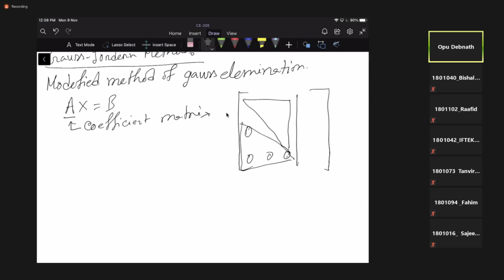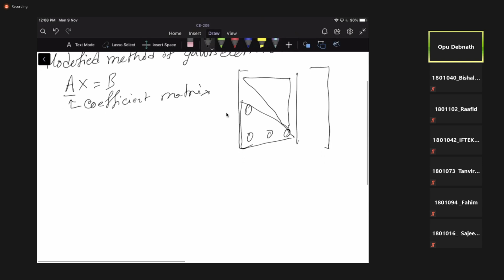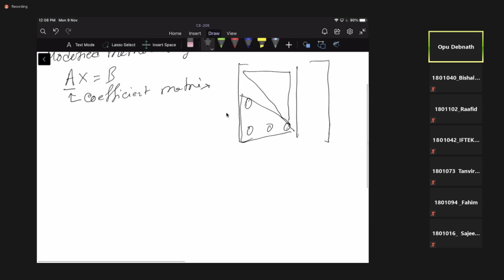And in the Gauss-Jordan method, we need to do some extra work to make the diagonal matrix. Diagonal matrix means only the diagonal.